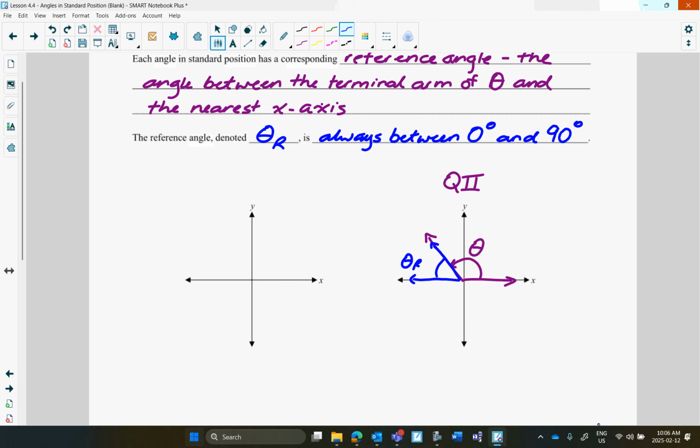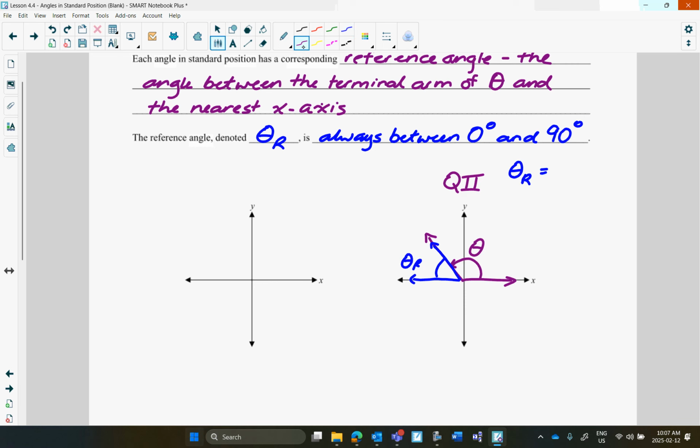What do you notice about, in quadrant 2, theta and theta R? If I add them together, what will I get? 180. So that means if I give you this, you can find me this. If I give you this, you can find me this. How do you find theta R in quadrant 2?